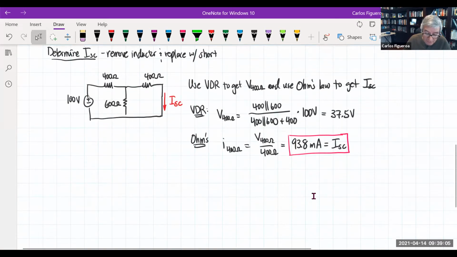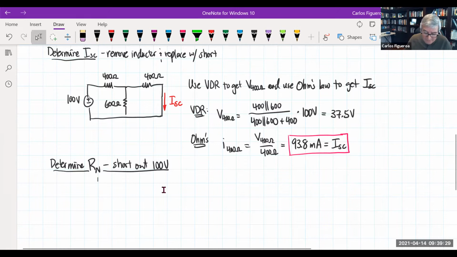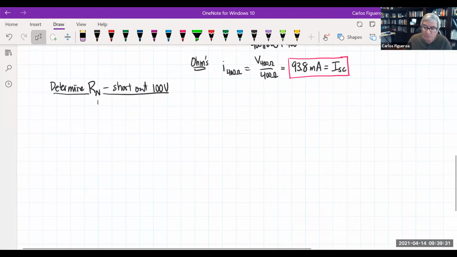Okay, now let's go get RTH. The next thing that we want to do is determine RTH, or R Norton. What do we do? We short out the 100 volt source. So let's go do that. If I short this out, I don't have the source anymore.